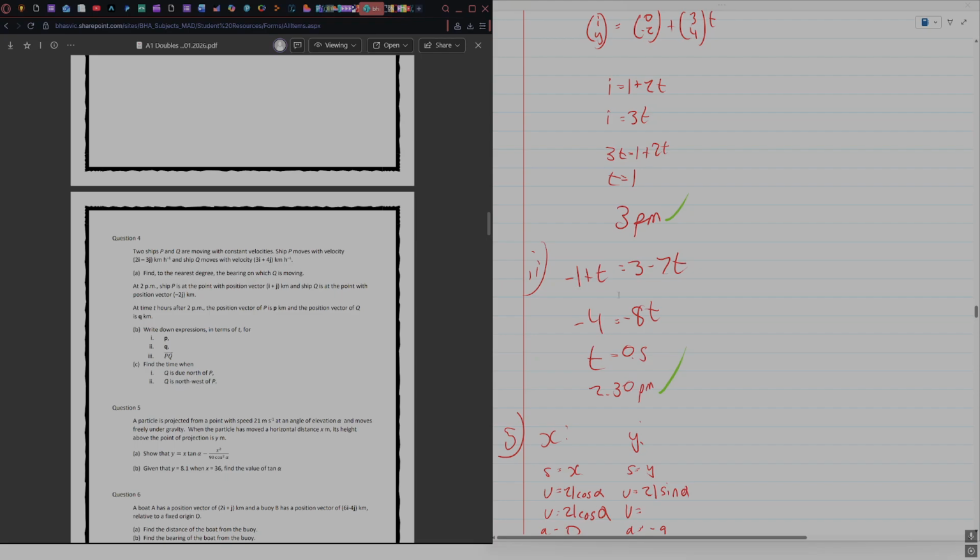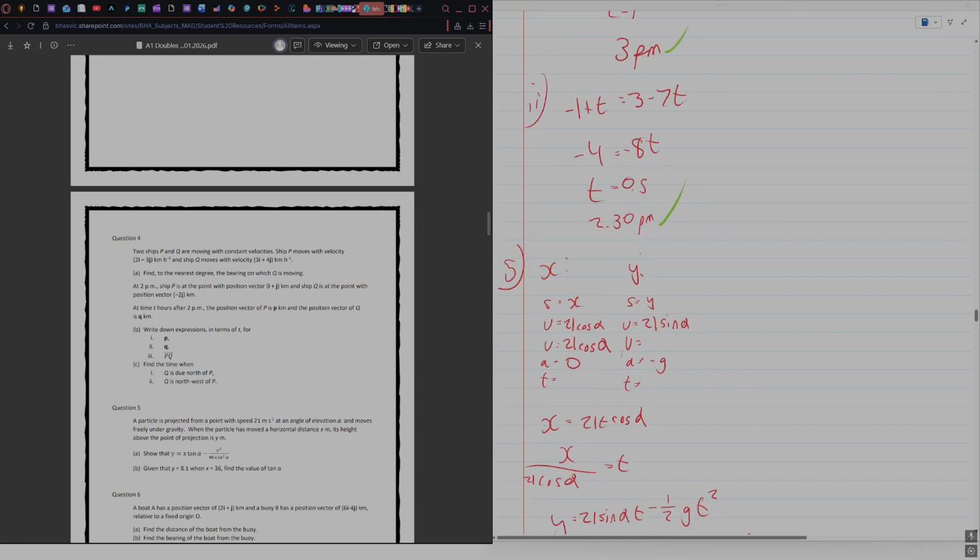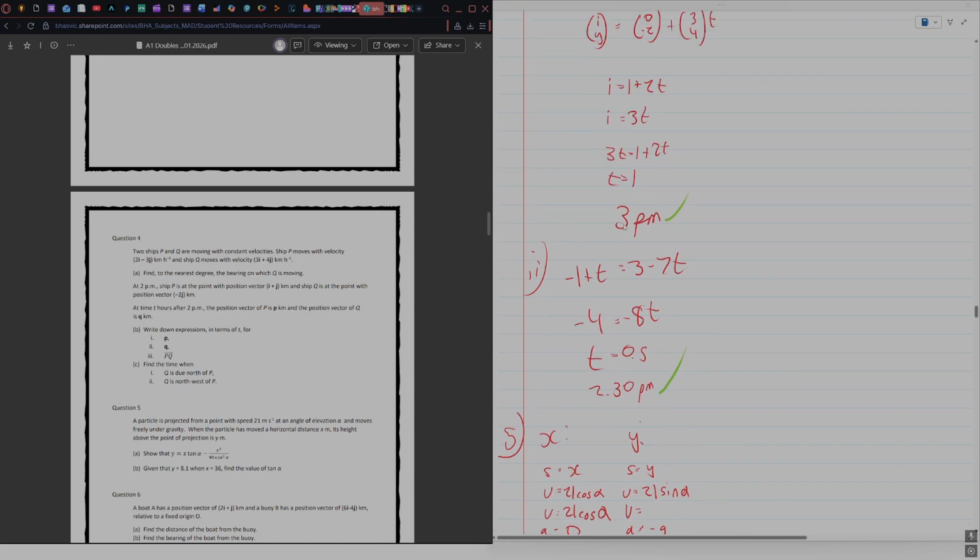You set the i and j components for PQ equal to each other, and that literally gives you your answer, because you know the i and j components from P to Q are the same, so you can just set them equal and solve, which is a much easier way to do it than what I just described.